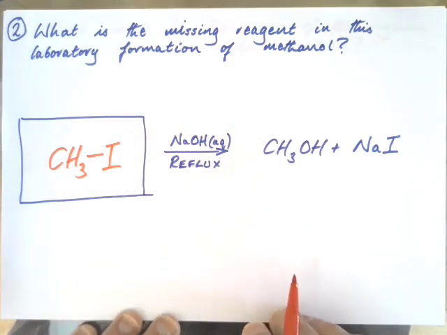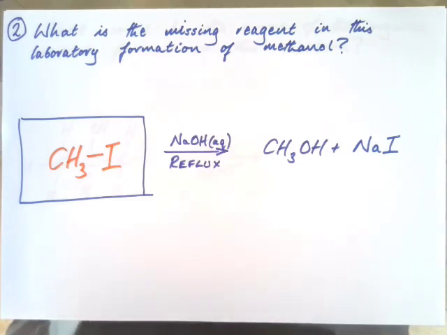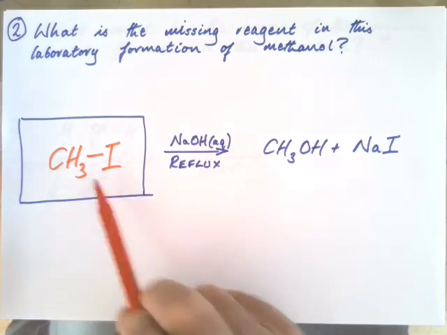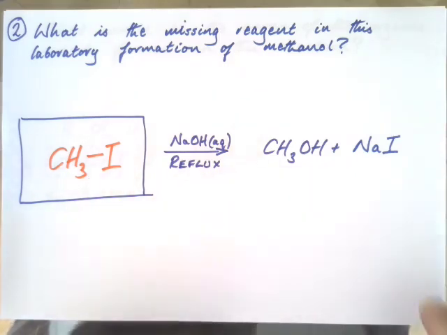Iodomethane would have been our missing reagent here. So it's very important that you try and make connections between these posters, because that's what an examiner will try and do when they examine you next year, possibly. So this is a link between halogenoalkanes and alcohols.